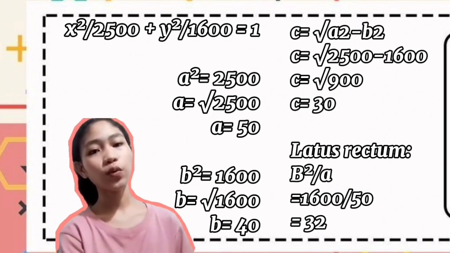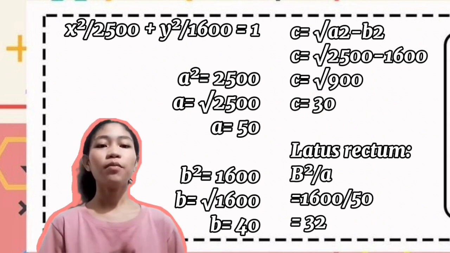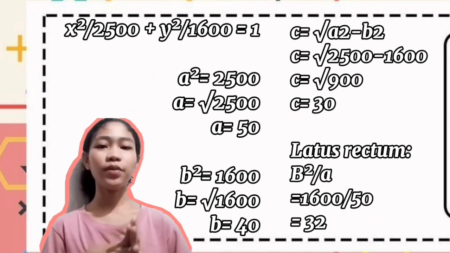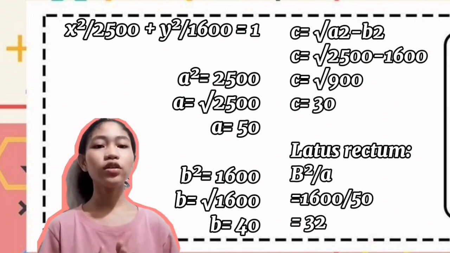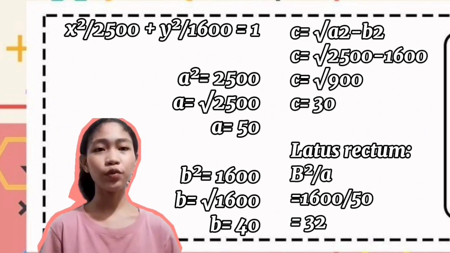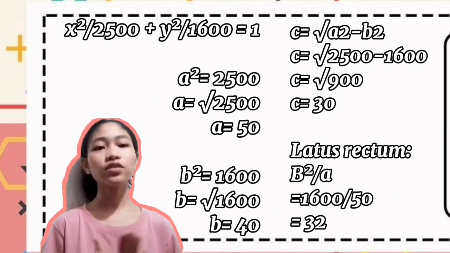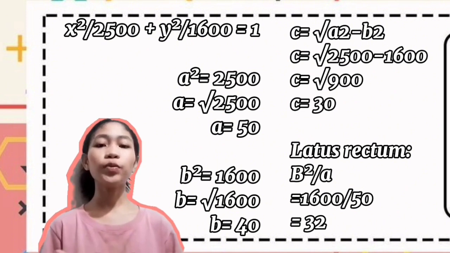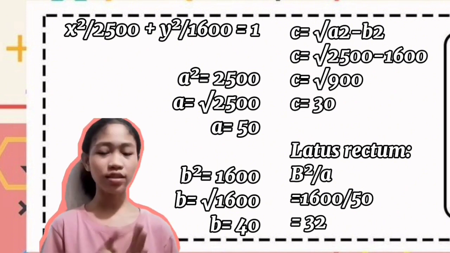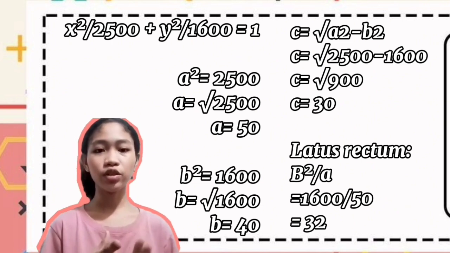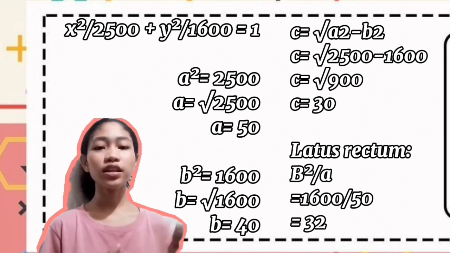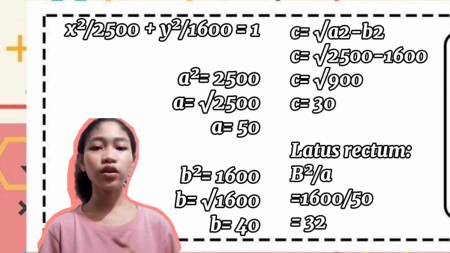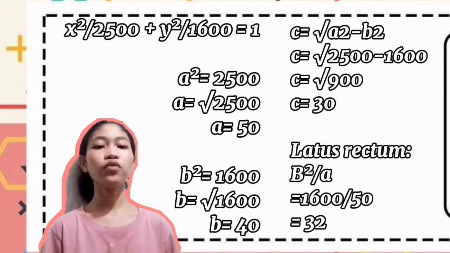At dahil sa equation na nakuha natin, mas madali natin ma-identify ang given natin A, B, and C. So dito meron tayong square root of 2,500 is 50, which is our A. Square root of 1,600 is 40, which is for B. Now we move on to find our C using A squared minus B squared, which is 2,500 minus 1,600 is 900. The square root of 900 is 30, which is the value of C.